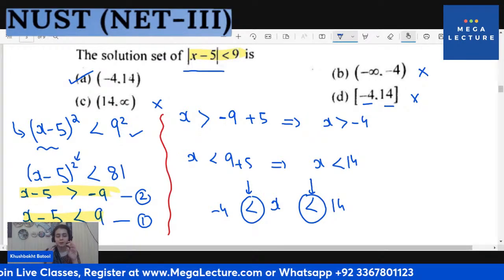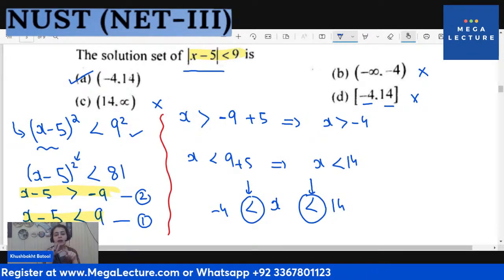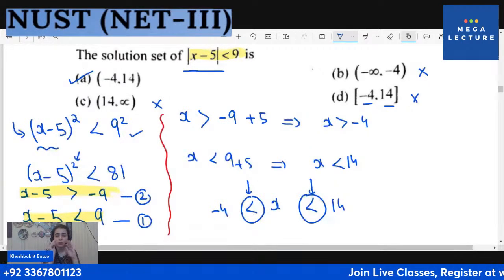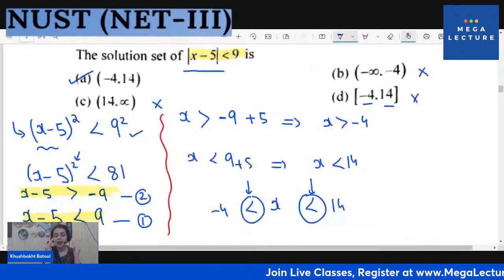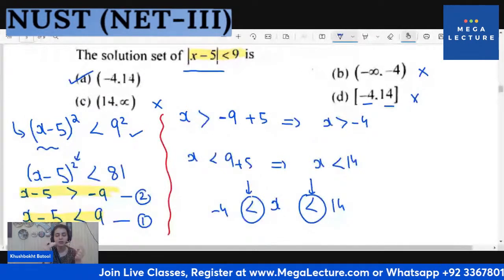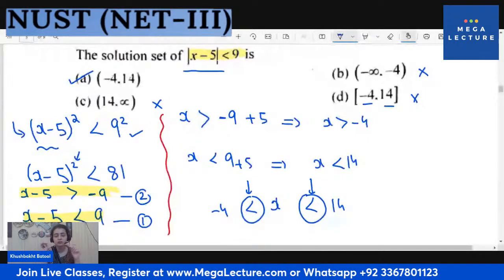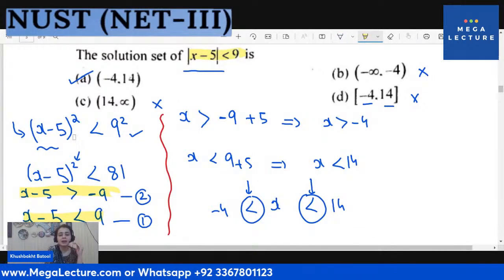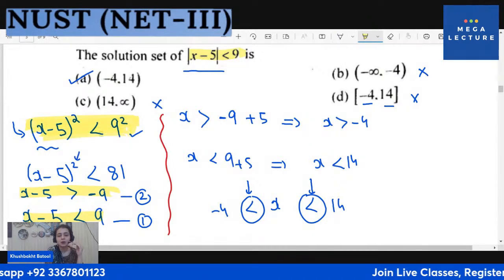So I repeat, this chapter is about quadratic inequalities. The very first question did not have a square anywhere, but it had the mod function. In order to solve the mod function, you can convert it to a quadratic function by squaring both sides. This is what you will get once you have converted your mod function to a quadratic function.